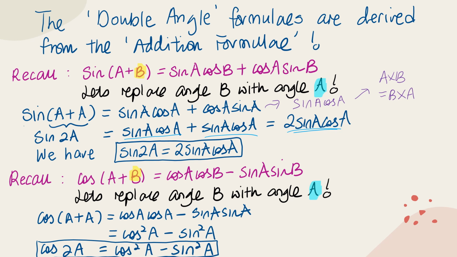Now, you recall that we actually have three different formulas for cos 2A. On the next slide, we are going to derive the other two. Before we can derive the other two formulas for cos 2x, we have to make use of the Pythagoras identity that we have learned earlier.